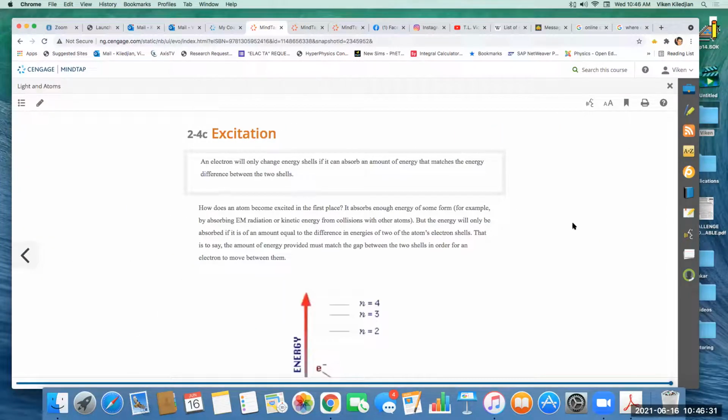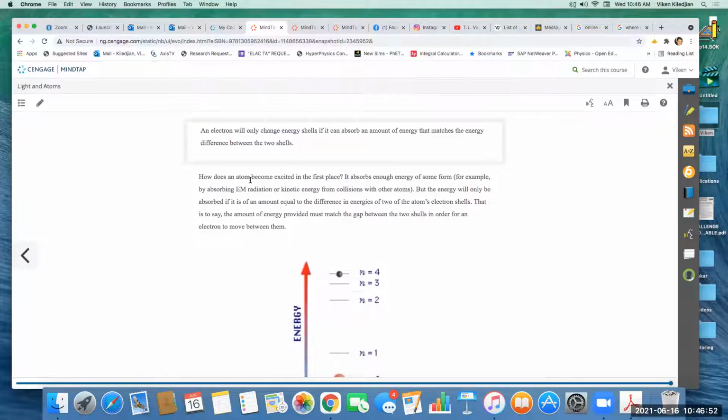Excitation. An electron will only change energy shells if it can absorb an amount of energy that matches the energy difference. So, when the electron absorbs the energy, it jumps up. When the electron jumps down, it emits an energy, right? So it says, how does an electron become excited in the first place?